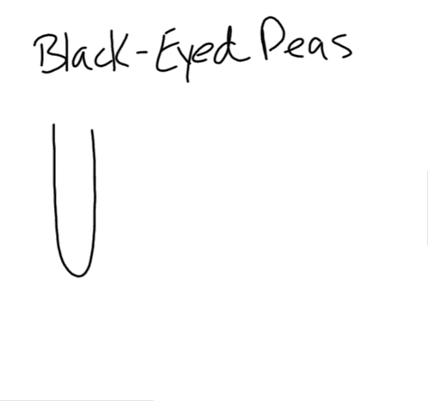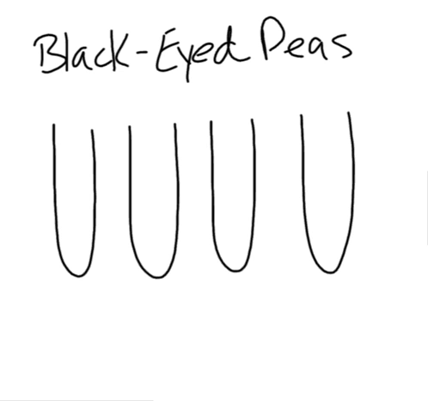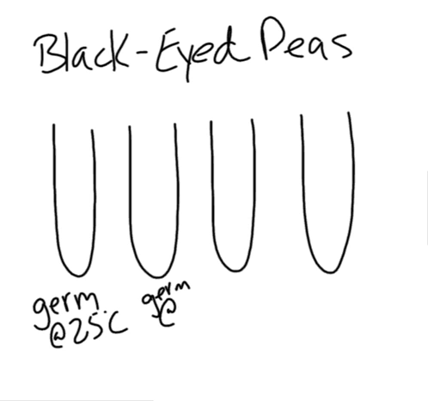We're going to have 1, 2, 3, 4 different tubes. In these tubes, I'm going to have some germinating black-eyed peas at room temperature, which is about 25 degrees Celsius. I'm going to have some germinating peas at 50 degrees Celsius, so a little warmer.